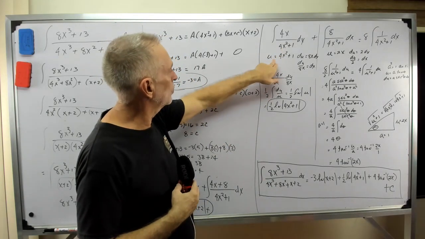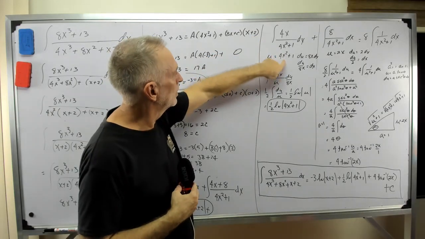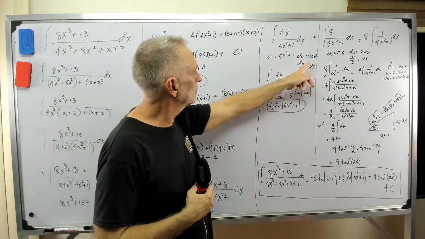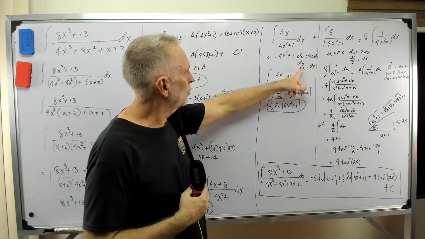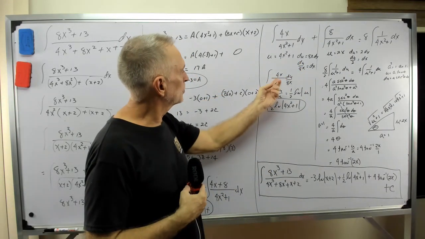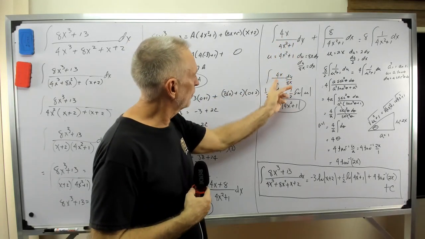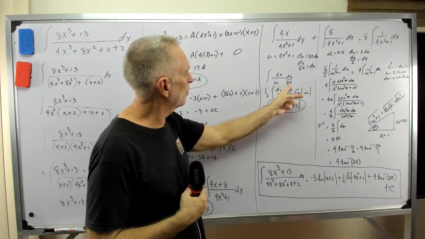All right, so I chose u to be 4x squared plus 1. du is 8x dx. So du over 8x equals dx. So now just plug things in. I had 4x over u, du over 8x.